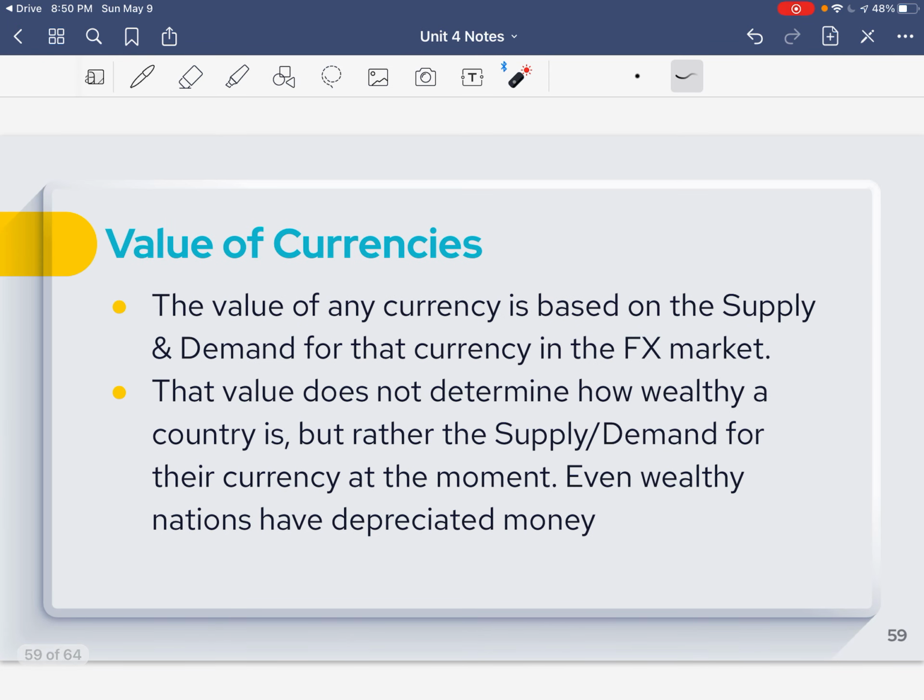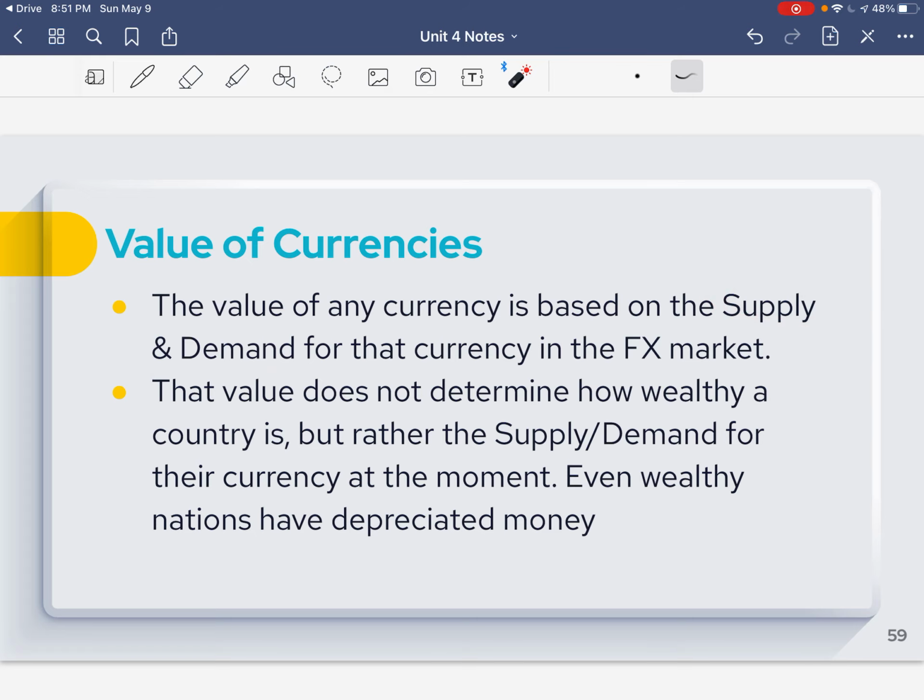So the value of currencies, like how do I know how much a currency is worth? How do banks keep up with that? It's always changing. It's based on the current day. So how does it get that value? The value is based on how much is available, that's supply, and how much demand there is.